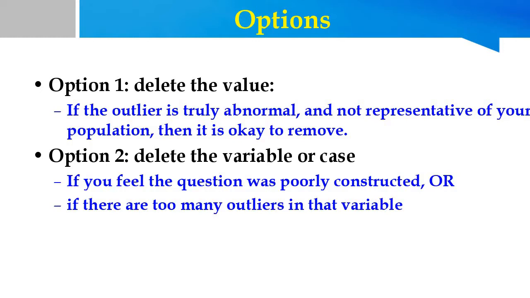Second option is delete the variable or the case. If you feel the question was poorly constructed, or if there are too many outliers in that variable, these two reasons justify that the variable should be deleted.